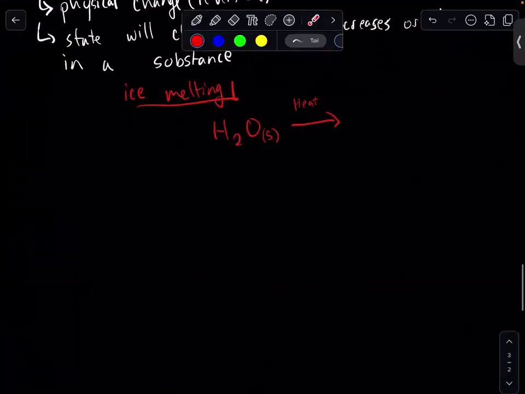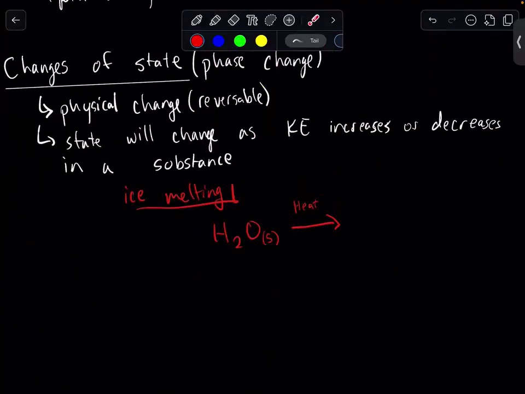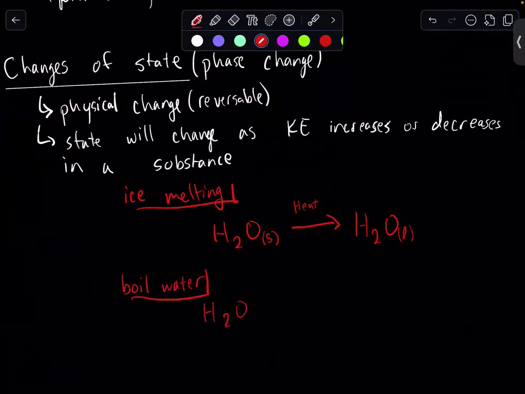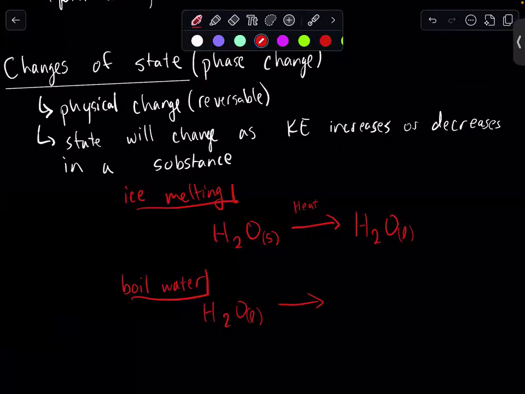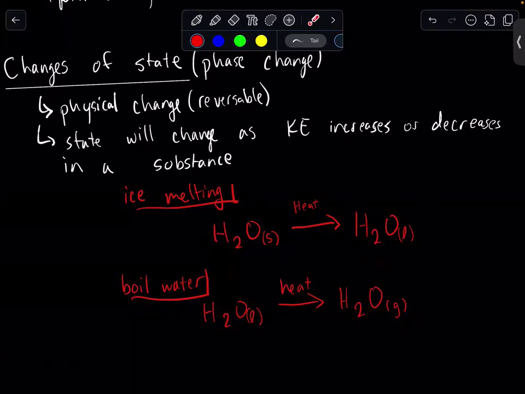So as we apply heat, we're going to have more motion, more kinetic energy, and the ice will turn into H2O liquid, and that's ice melting. We can further boil water by taking this H2O liquid and applying more heat, and we'll get H2O gas. And so here we have a phase change from solid to liquid and liquid to gas.